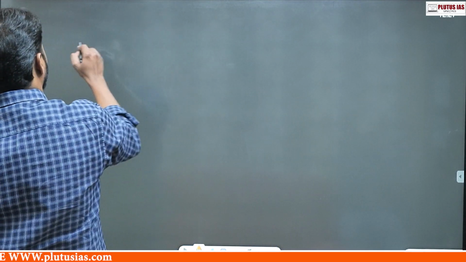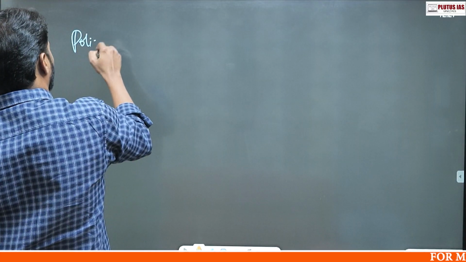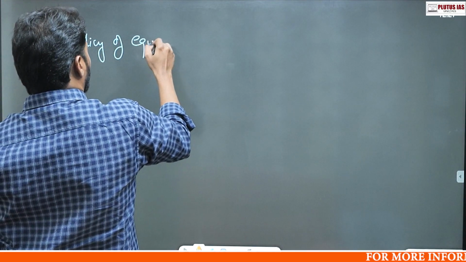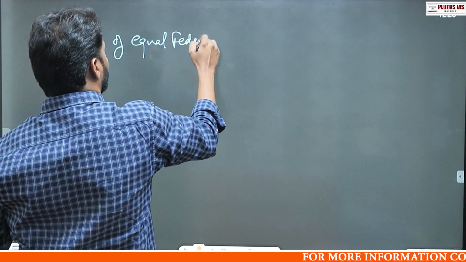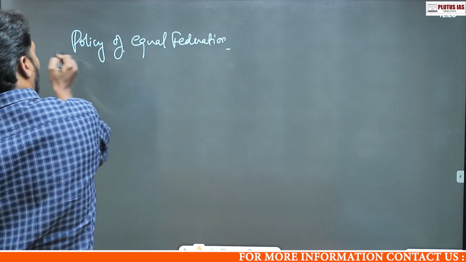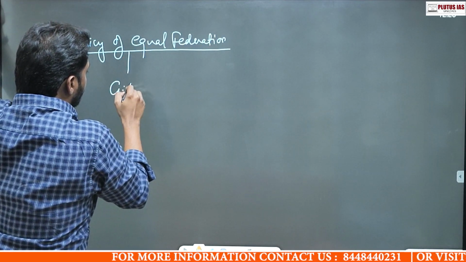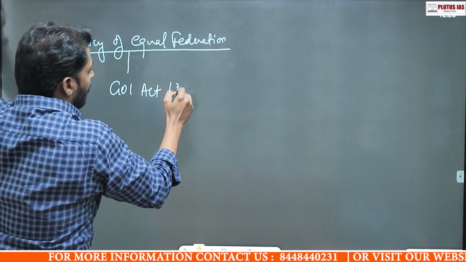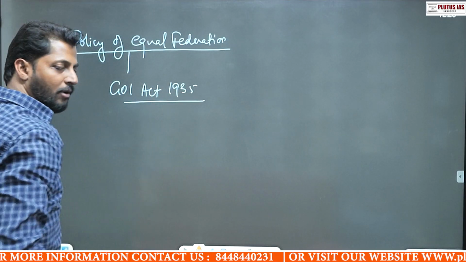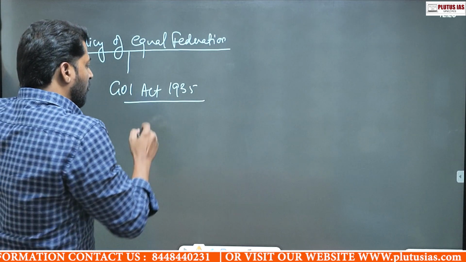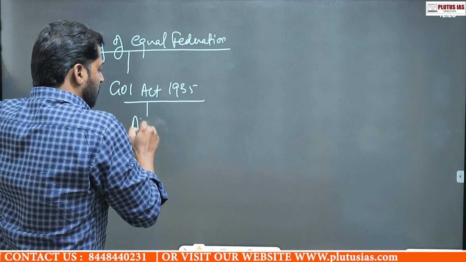And the last one is the policy of equal federation. In fact, it was introduced after the Government of India Act 1935. What happened in the Government of India Act 1935?